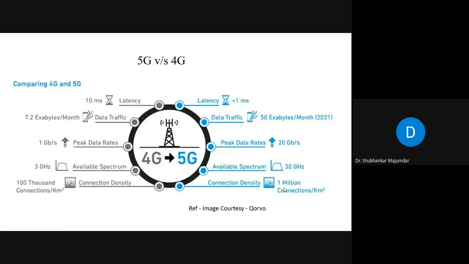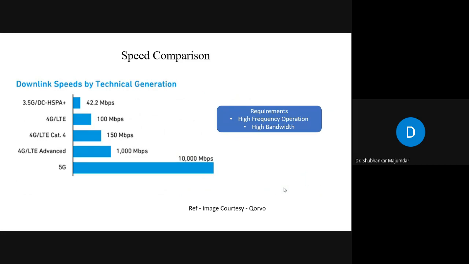And now, what is the change in the architecture or system design? We have to see that. So now, comparing the downlink speed of different technology generations, as I have told earlier, 3G, 3.5G HSPA is there, then 4G LTE, then LTE category 4, LTE Advanced, and then 5G.